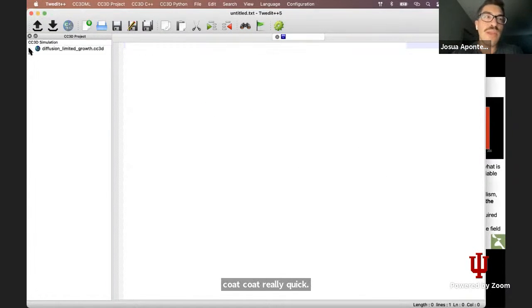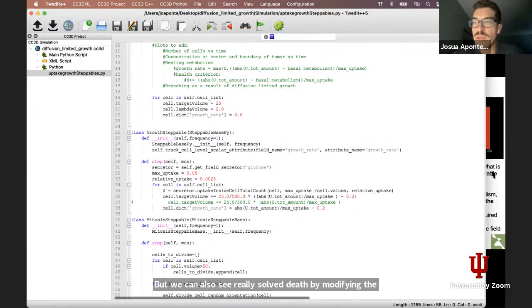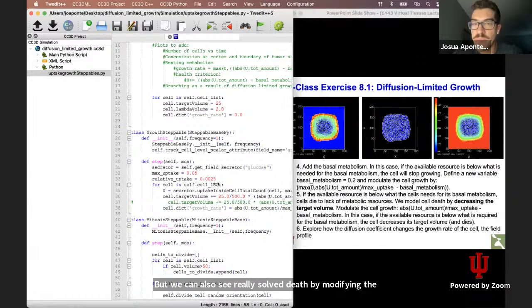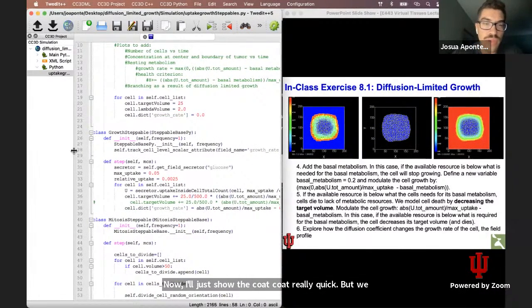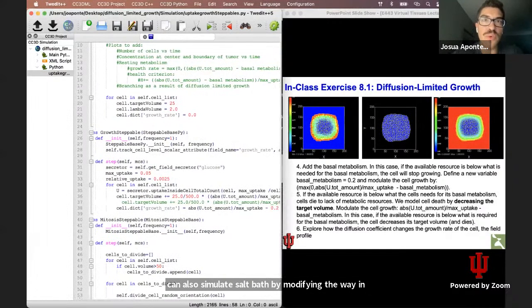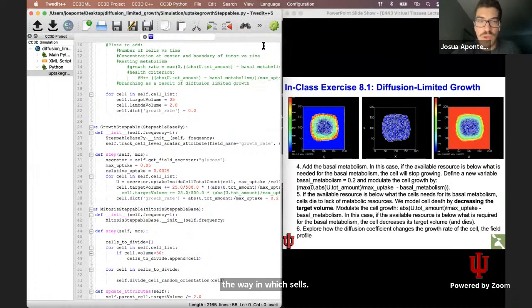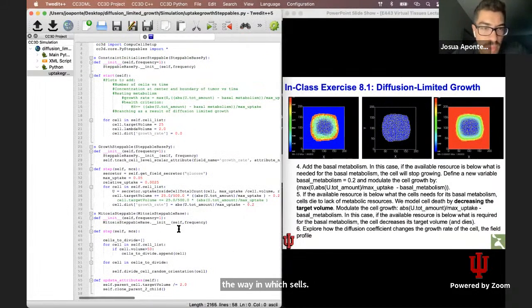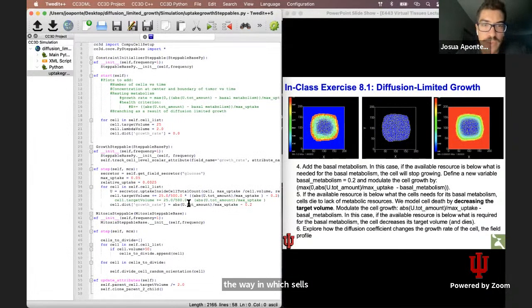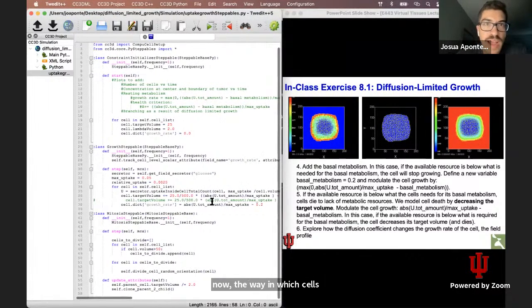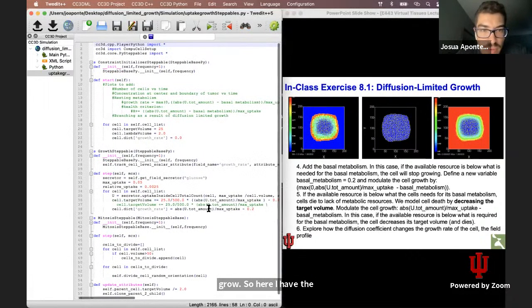But we can also simulate cell death by modifying the way in which cells grow. So here I have different options.